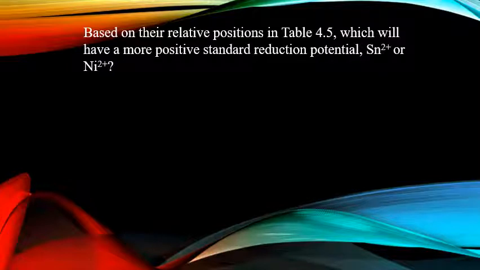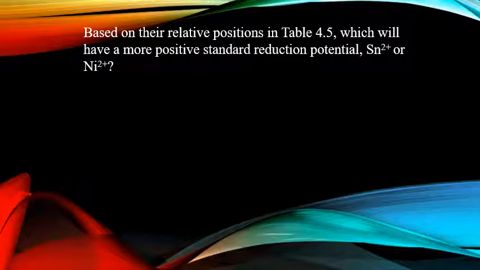We can look at the standard reduction potentials for Sn2+ and Ni2+. And when we do this, we want to see which one has the greater, more positive standard reduction potential.